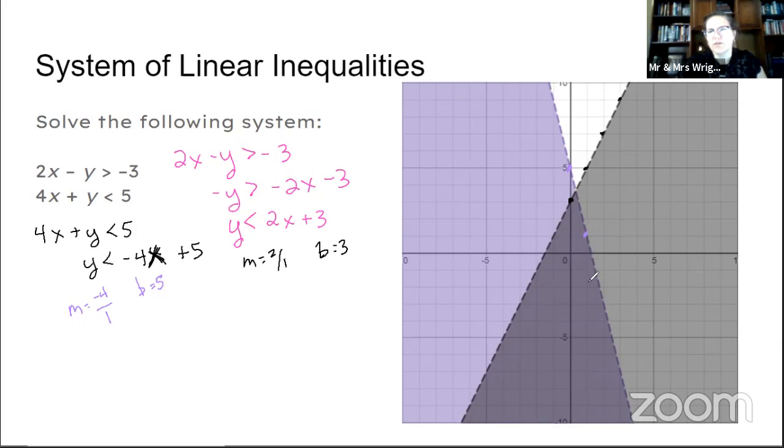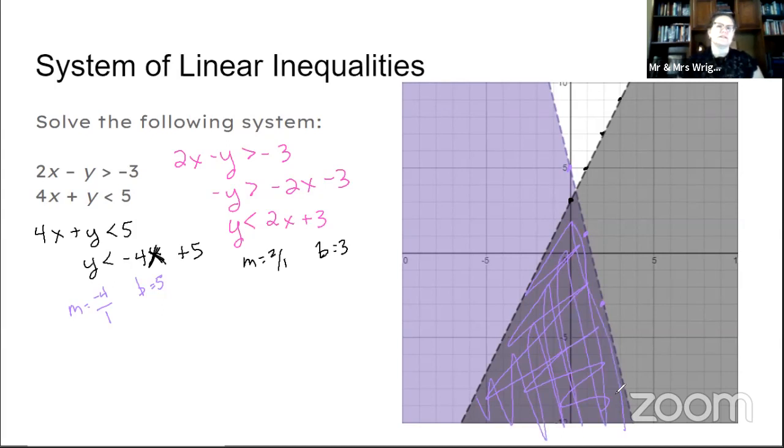You can easily see how to graph this on your own paper. Now it is a less than symbol, so we do have the dashed sign right here. Also, we know that y is less than, so the lower part of y is going to be what is graphed. Now, where these two shaded regions overlap, right here, this is what the solution to our system of linear inequalities is going to be.